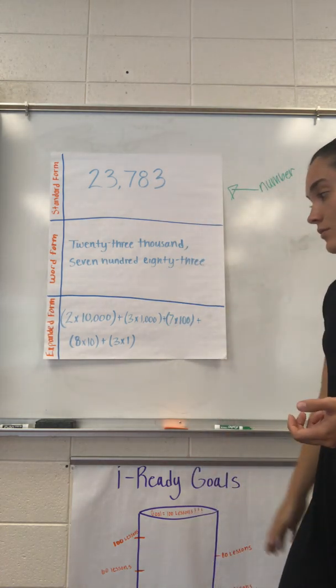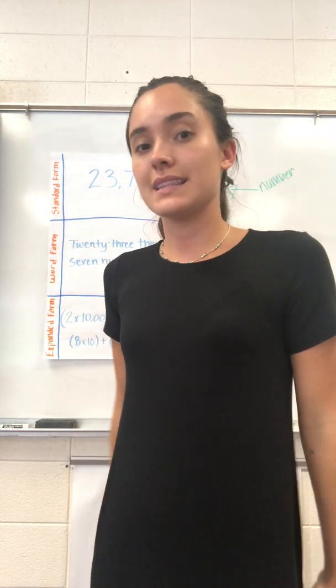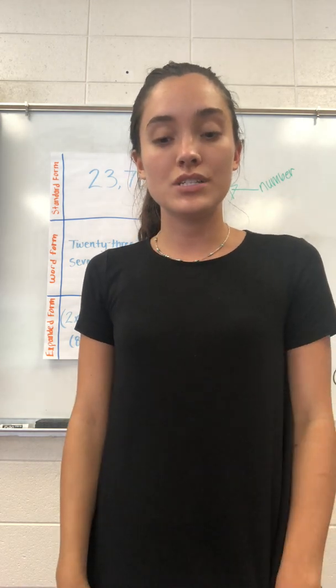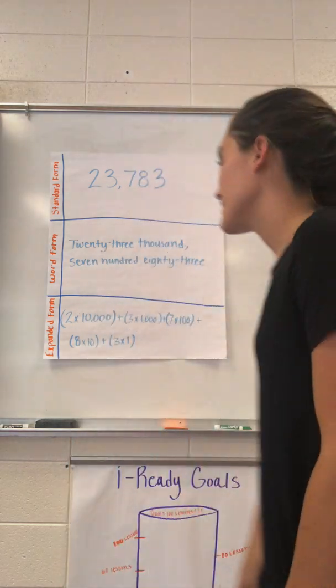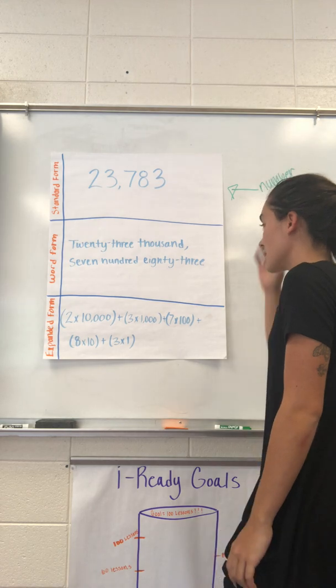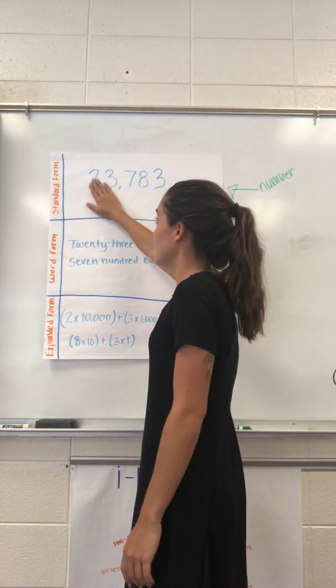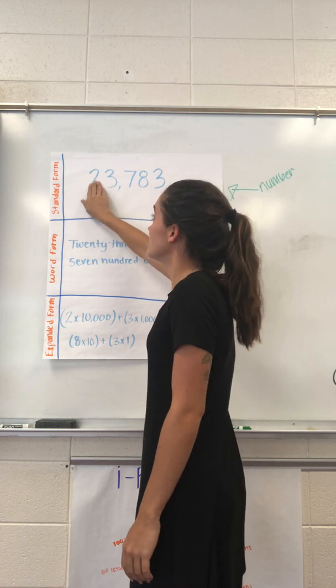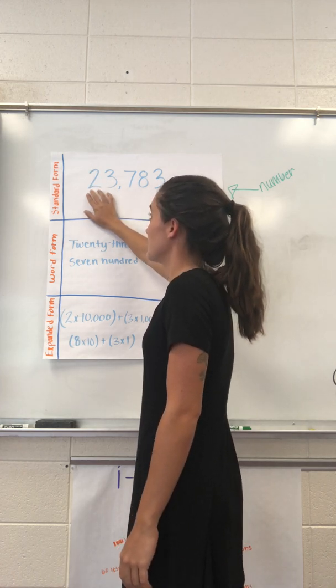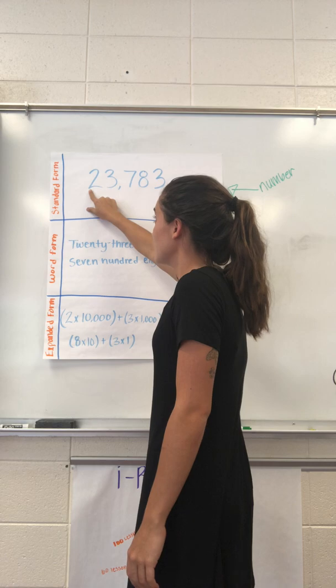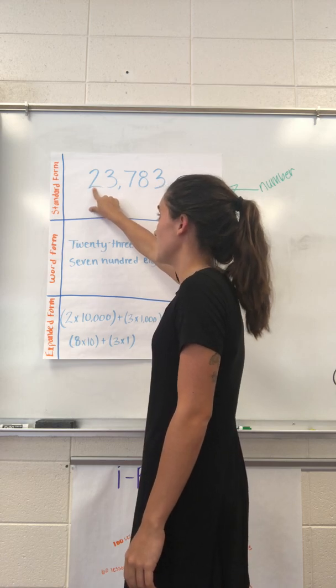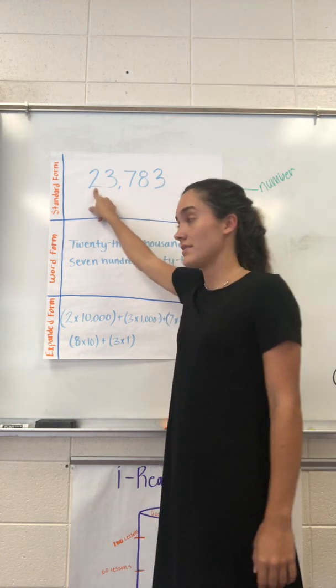All right, expanded form. I think you guys touched on this last year, but we do need to go over this a little bit more. So expanded form is starting at the very left, at the furthest number to the left, so the biggest number. So I've got a 2 here. This 2 represents 20,000.